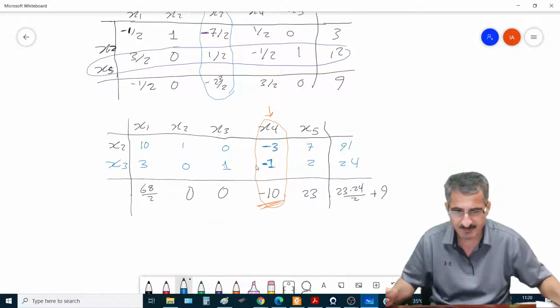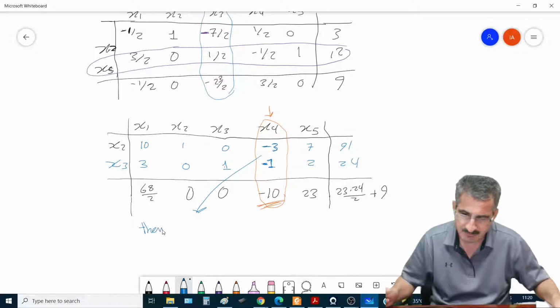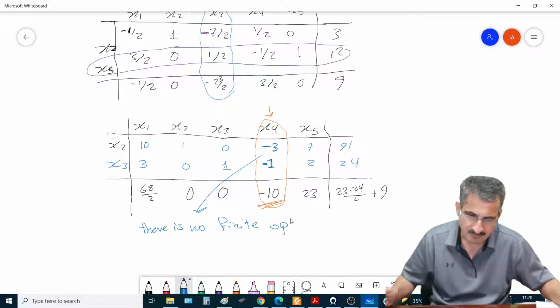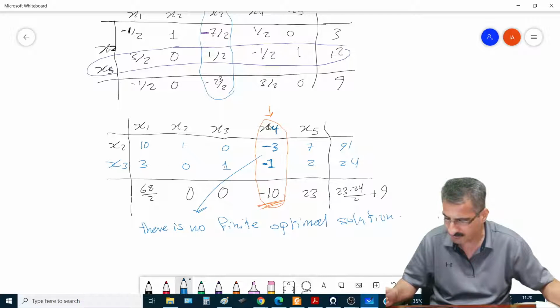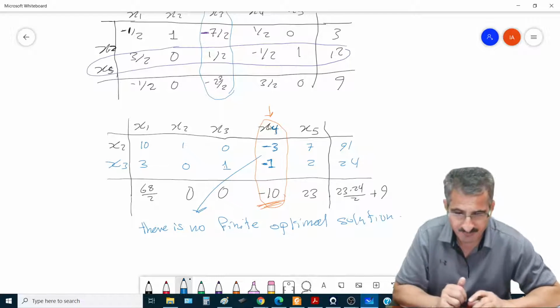So that makes us conclude that there is no finite optimal solution. Why is that? Because the more we make x4 grow, the bigger the value of the function is.